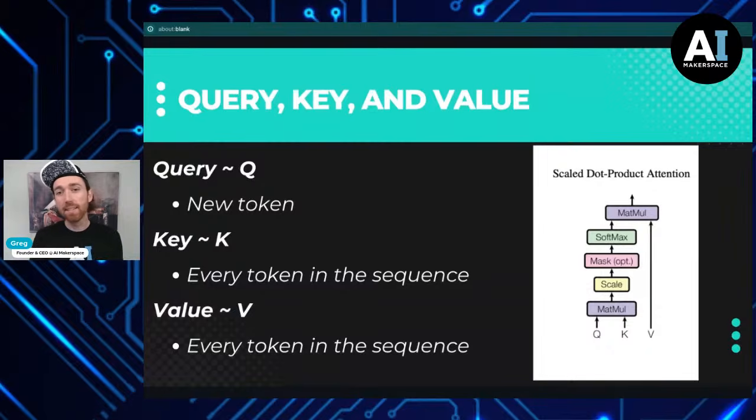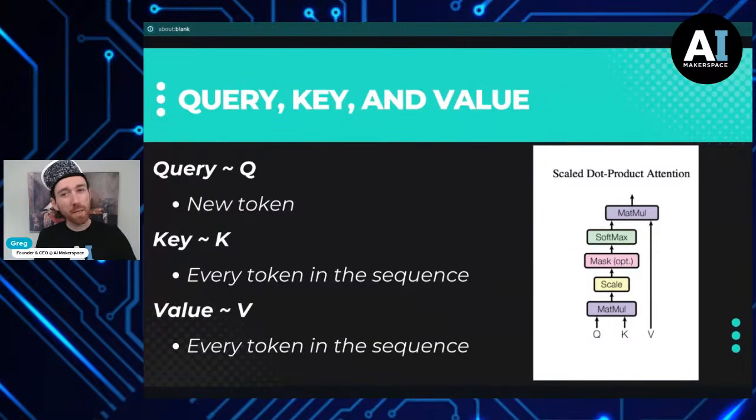The key, K, is going to be every token in the sequence up to the token that we're looking at. Because of course, we always want to be predicting the next token. We can only look at what's happened previously. The value is also going to be every token in the sequence up to our new token.